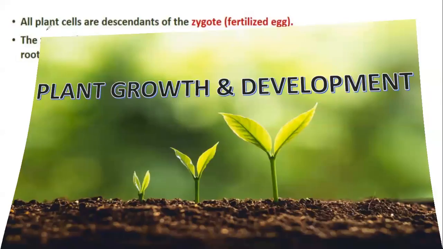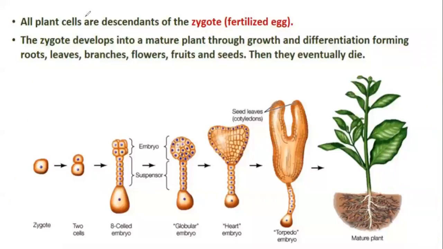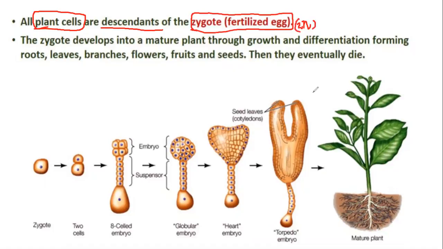All plant cells are the descendants of the zygote, or fertilized egg. The zygote is a single cell, a diploid cell, with 2N chromosomes.